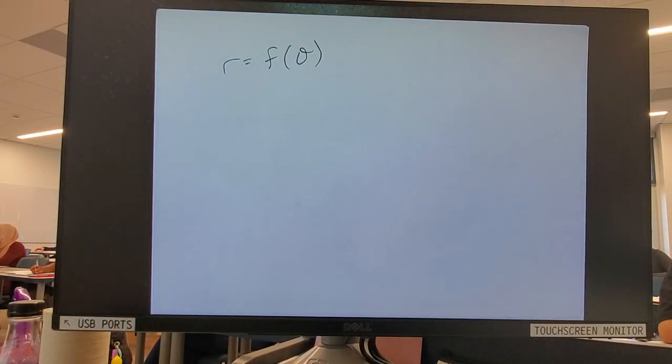This is really important, especially for those of you who are going to take 281. You definitely want to focus on this because it's going to be a huge part of the three-dimensional work.